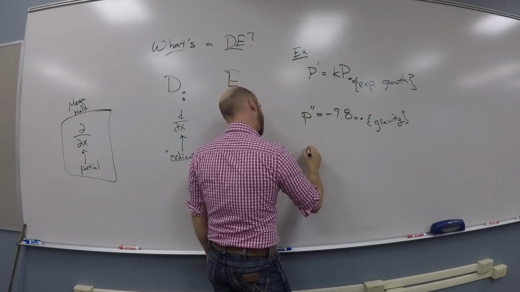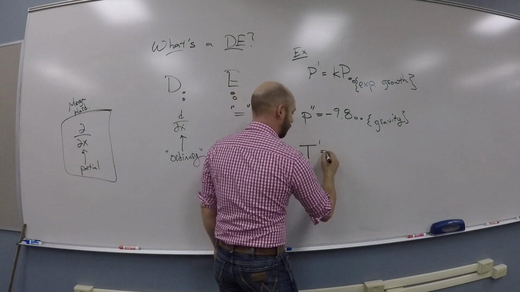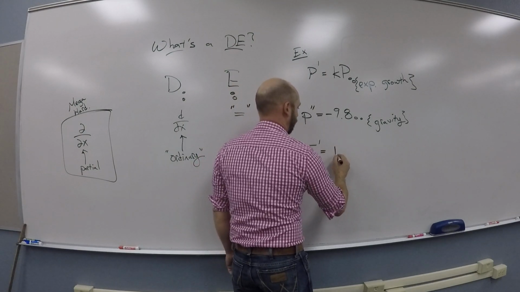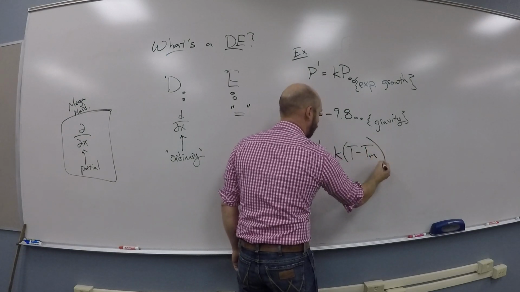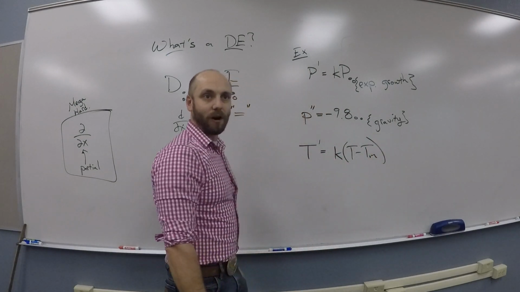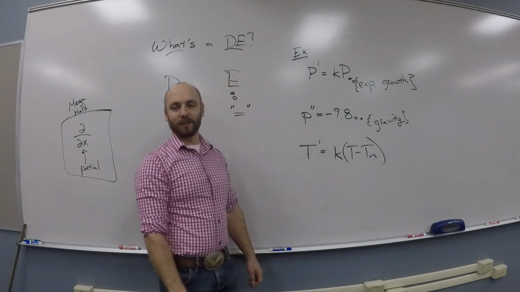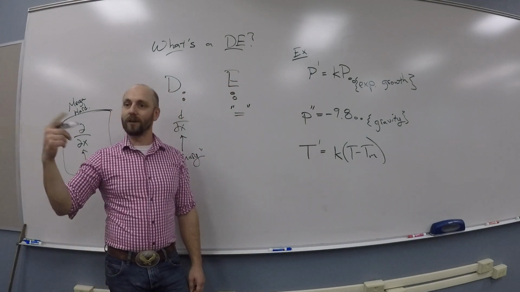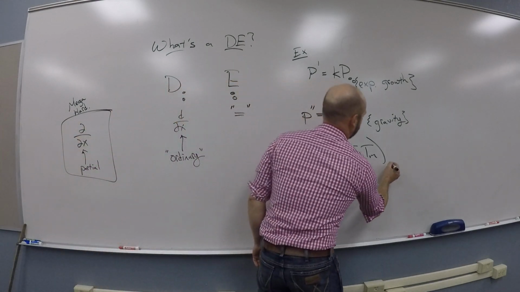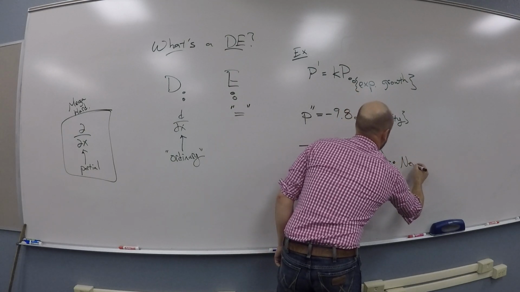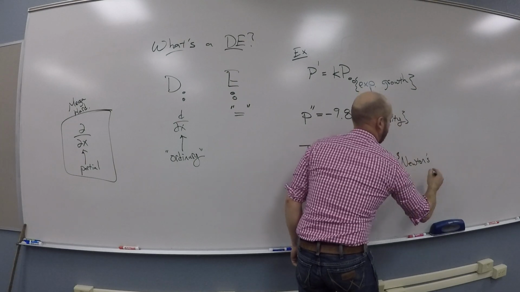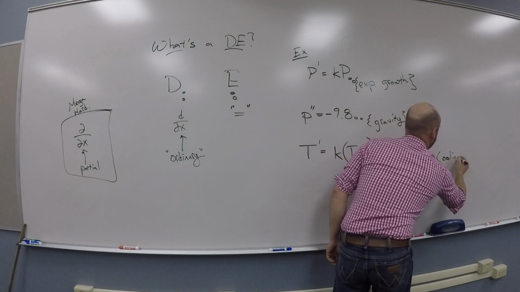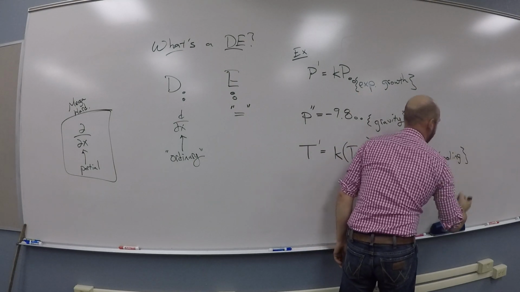And maybe this one. The rate of change of temperature is proportional to the difference between the temperature you are and the temperature of your surroundings. Is that Newton's? Good. That's Newton's law of cooling, which I'm hereafter going to call Newton's cooling.